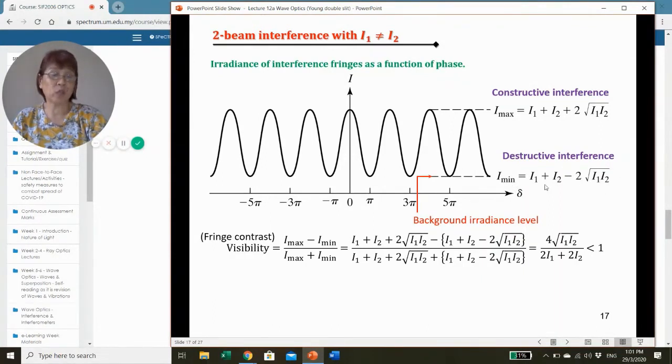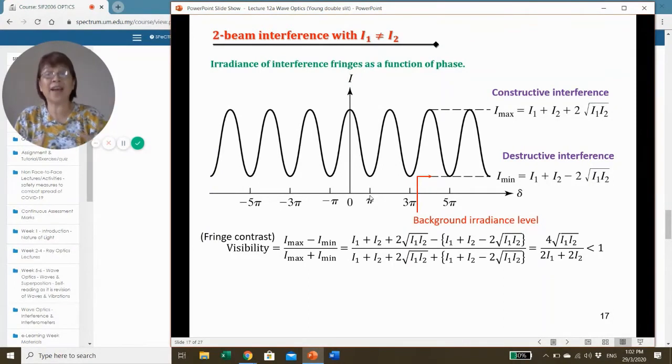That is when we have total destructive interference, and when cosine delta equals 1 we have constructive interference here. So at this level, you see the base here, the minimum has a certain level of intensity. Now this would be the background irradiance level. But if you want good contrast, you would like to make this background drop to 0. Then you will have better fringe contrast.